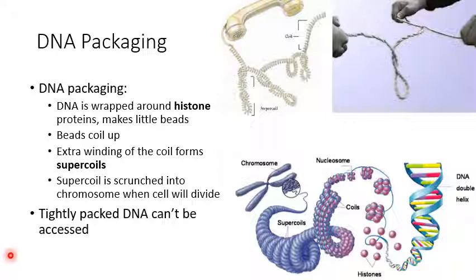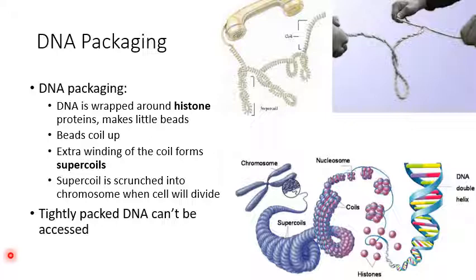But actually, when you have DNA packaged into a supercoil, there's no way to get up in there and use it for anything. So if you're going to actually use that DNA, that means you need to express some genes. That means that you're going to need to get in there so you can make an mRNA copy of the gene and then turn it into a protein.